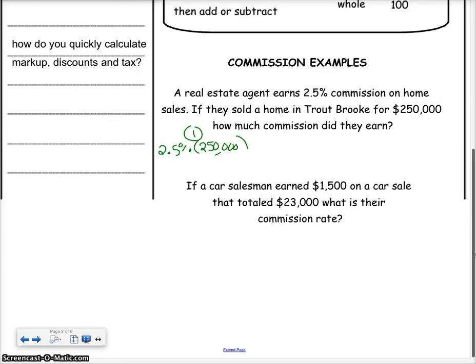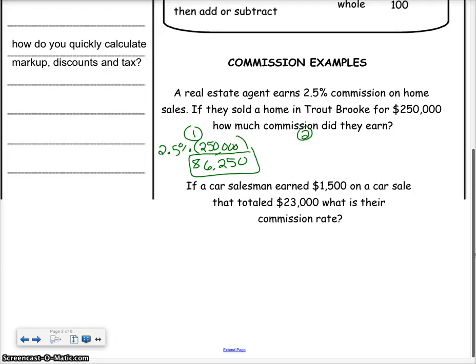Don't forget to put the percent symbol in your calculator. So I'm going to go 2.5% times 250,000, and that is 6,250. That one I don't need to add or subtract for. You only add and subtract for discounts, tax, and markup.